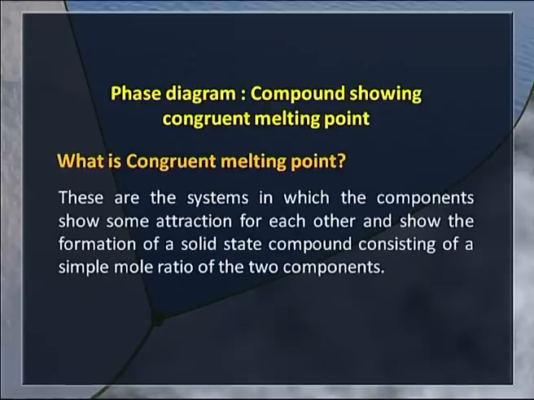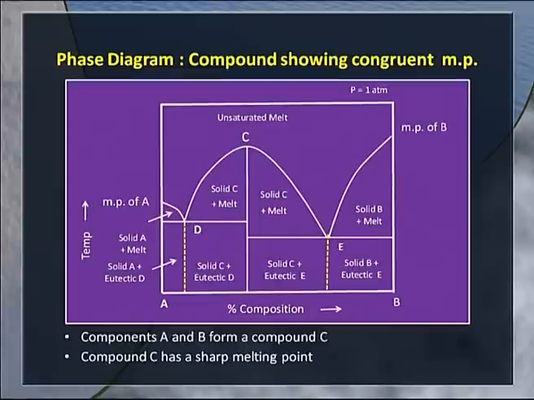If the two components have affinity for each other, they show the formation of a solid state compound, and as I told you, the compound formed will have a definite formula. Here you have a diagram which is representative of a system in which a compound C is formed between the components, and compound C has its own properties, it has its own melting point.